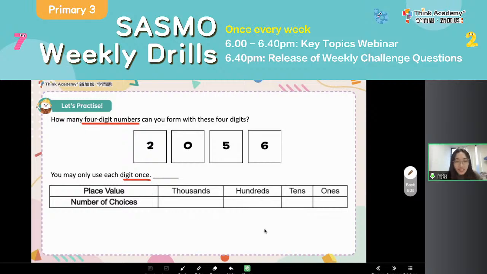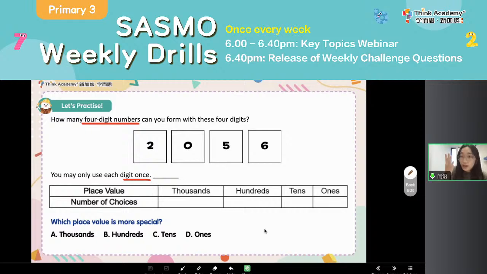So firstly, everyone think about it. Now you have 4 choices, right? 2, 0, 5, 6. And then you need to put them to different place values. Could you please tell me which place value is more special? Think about it. Is it the thousands one, or the hundreds one, or the tens one, or the ones one?